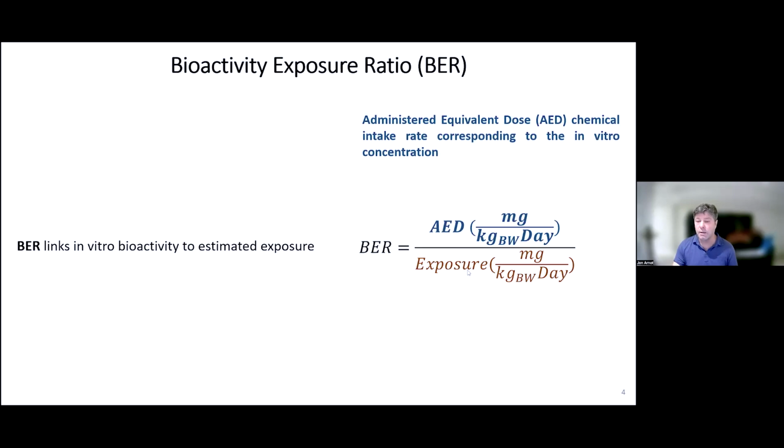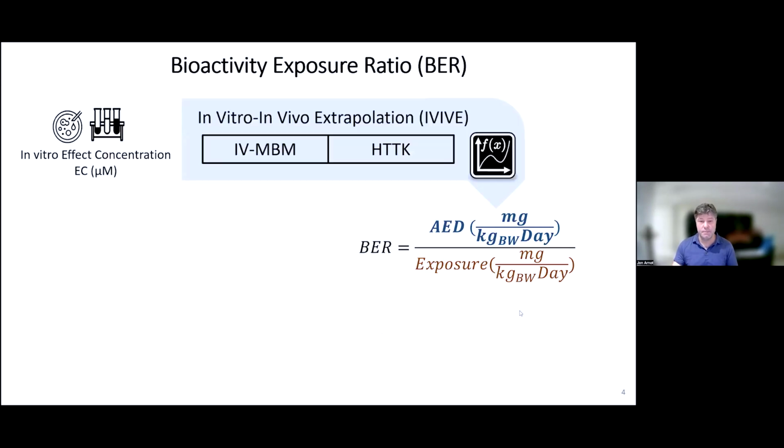In the denominator, we have an exposure estimate. So this is the real world exposure intake rate. And whether it's using the models that I'm describing today or taking some measured values and estimating an intake rate with an exposure factor handbook, it's always basically modeled. We don't have the capacity to actually measure the intake rates of chemicals into various receptors.